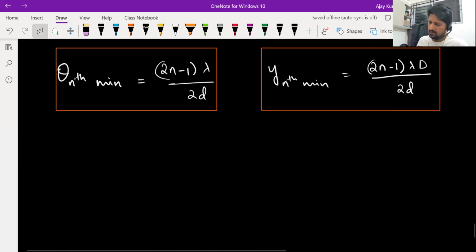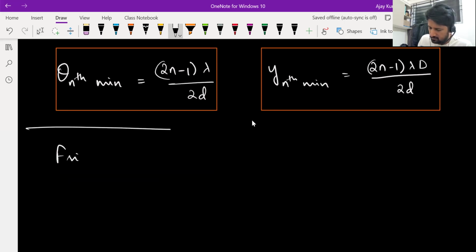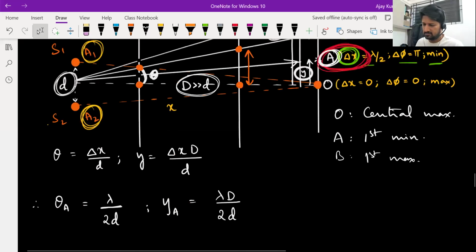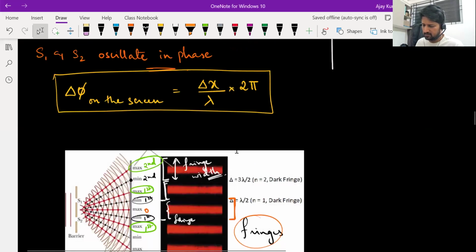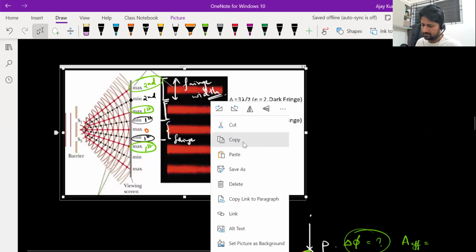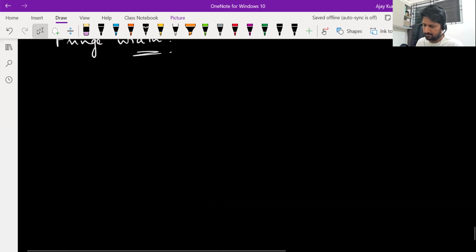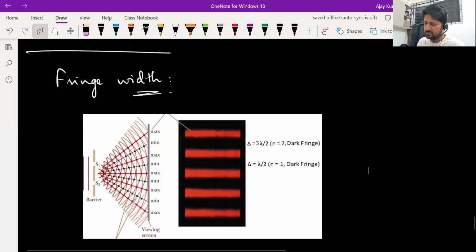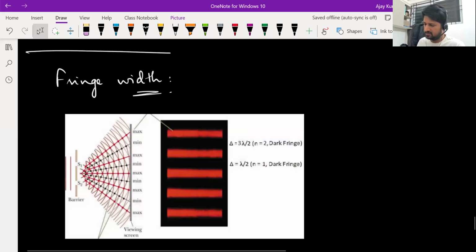Fine. Next is something called fringe width. What is a fringe? Basically, each band that you see on the screen is called a fringe. In this pattern, the bands are called fringes, and the width of each band is what you call fringe width.